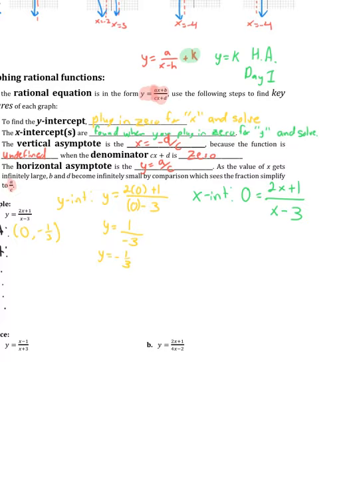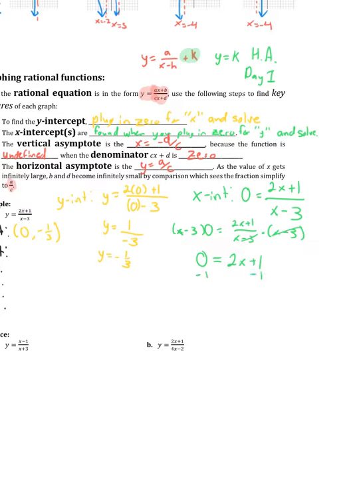Because I have this x minus 3 in the denominator, I'm going to multiply both sides of the equation by x minus 3. On the left side, I get x minus 3 times 0, which is just 0. On the right side, the x minus 3's will go away, so I'm left with 2x plus 1.